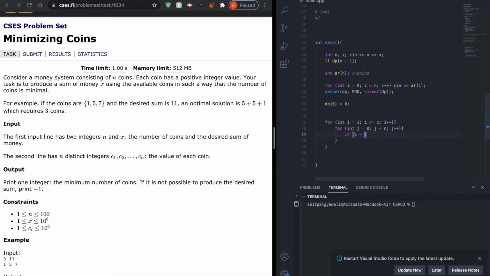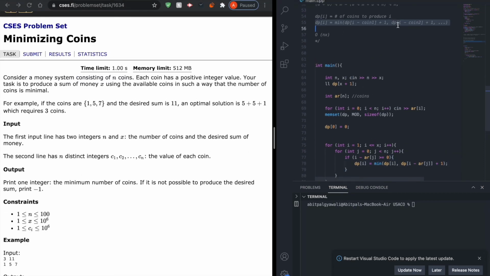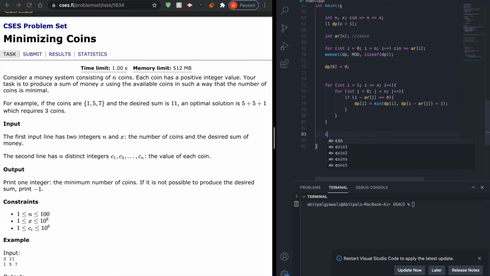If I minus r of j is greater than or equal to 0, same thing as last time basically, then dp of I equals minimum of dp of I and dp of I minus r of j plus 1. And then we just print out dp of x. I hope this works. 3, and that is correct.